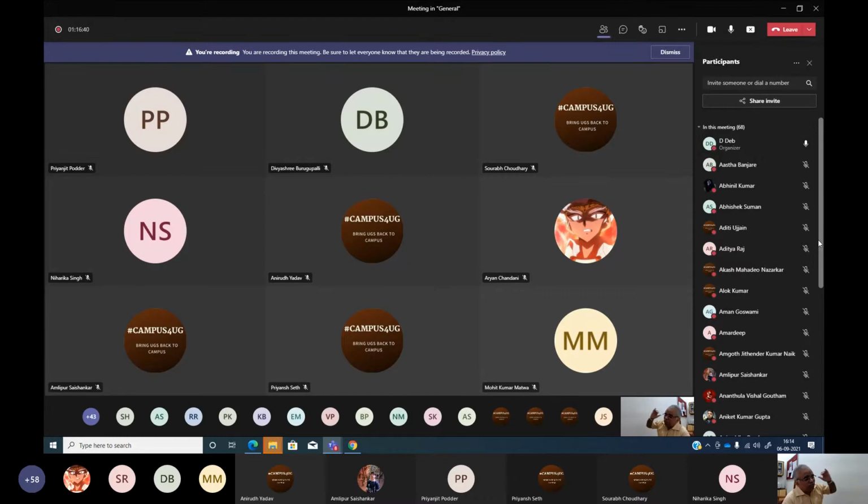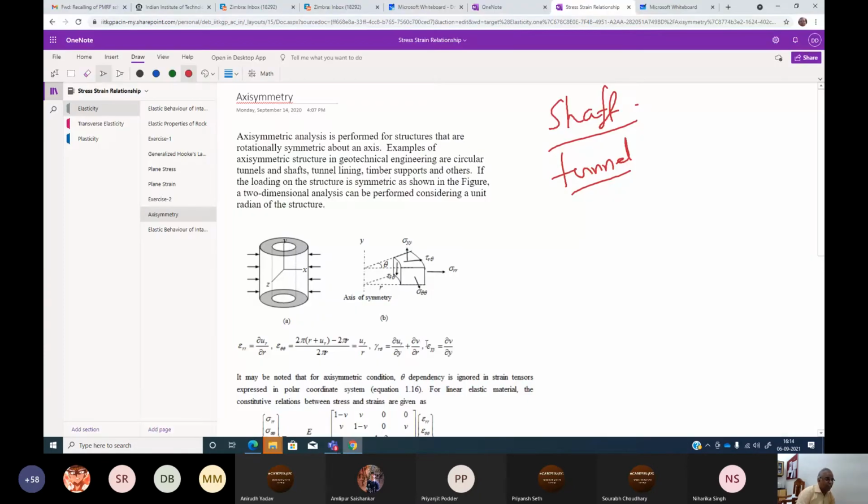The rock wants to deform because they have created a tunnel. And the moment you have created an opening, we'll come to the stresses in an underground opening after I complete this. So the rock wants to deform.